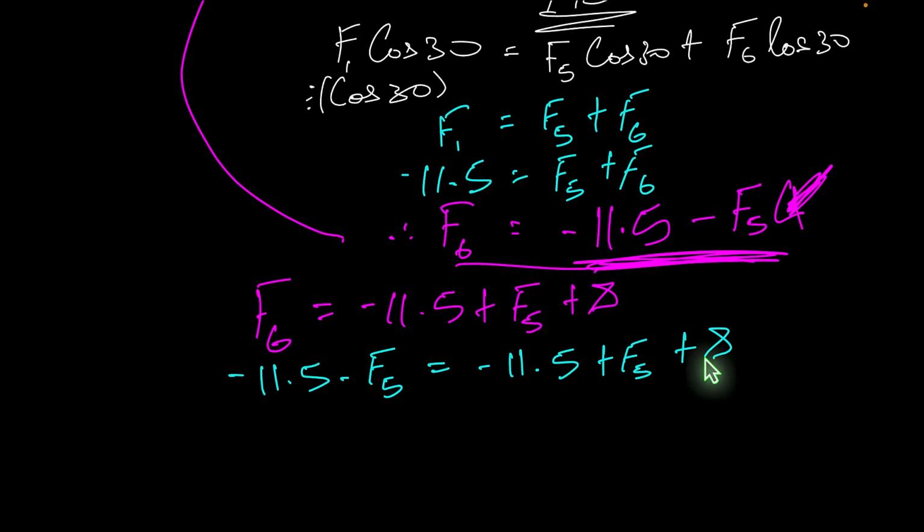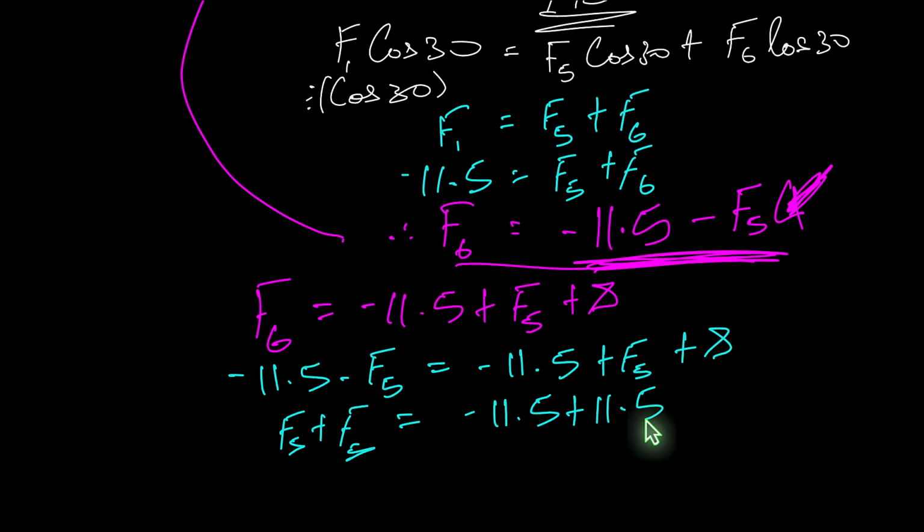If we group the like terms here, we would end up with F5 plus F5 equal to negative 11.5 plus 11.5, that's inverse up, and minus 8.